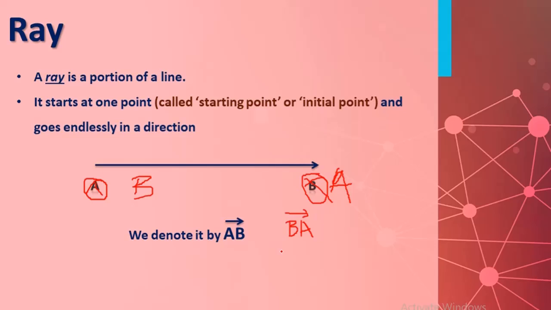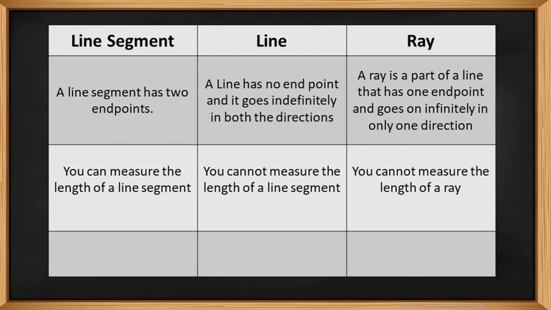So let's go to the next part. Now we'll see the difference between line segment, line and ray. A line segment has two endpoints, whereas a line has no endpoint and goes indefinitely in both directions. And a ray is a part of a line that has one endpoint and goes on indefinitely in only one direction.